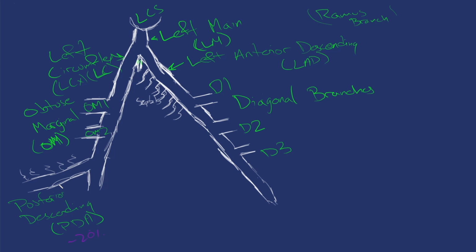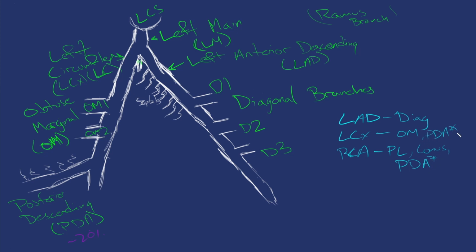So the way we're going to match these up, just to remember how each one is going to be labeled: for the LAD, I want you to think diag; the left circumflex, OM. The RCA is going to have our PL, conus, and often the PDA.